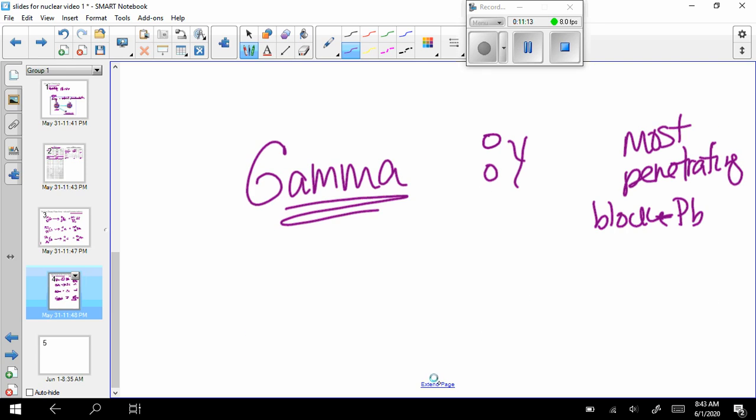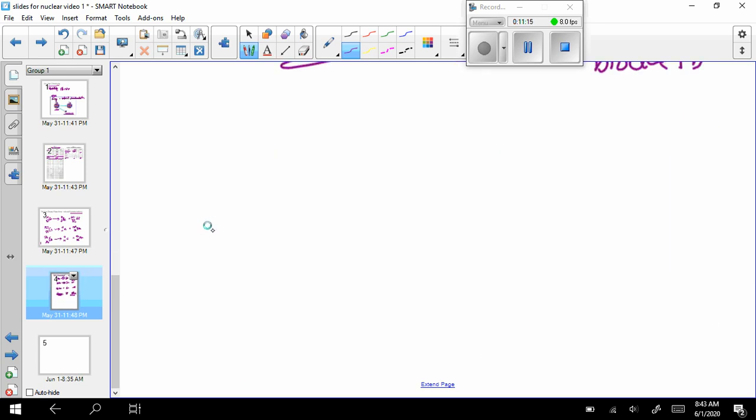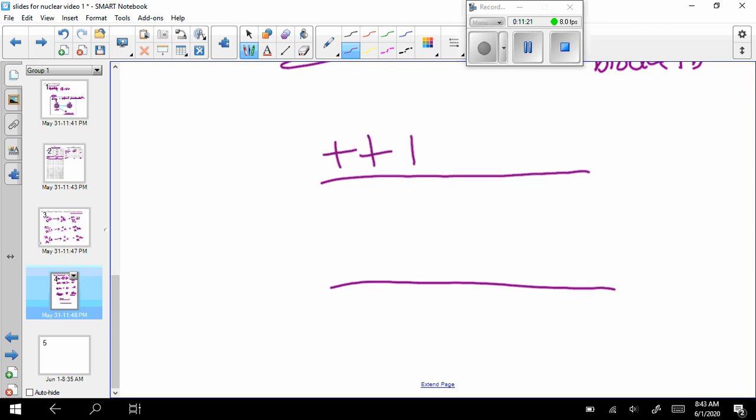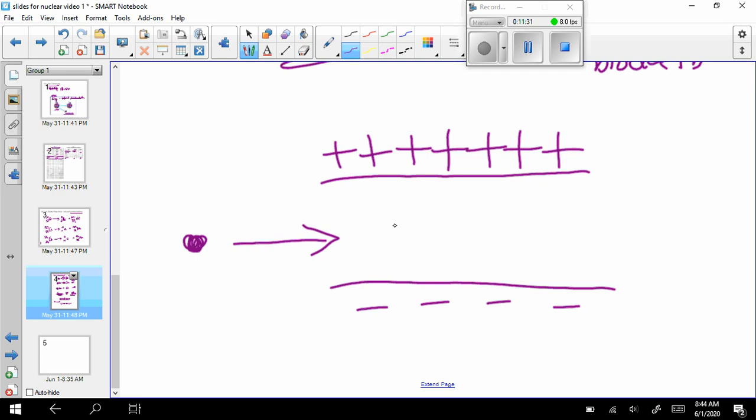Now, the reason I'm showing you this is because there's a really common question where it will show a field, and let's say these are all positive on this side and all negative on this side, and you fire something through here. If whatever you're firing goes up towards this, it must be negative because it likes the positive. So the only negative one that we had was beta.